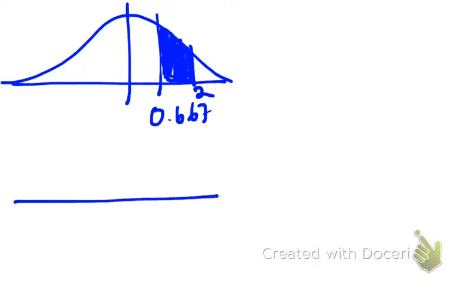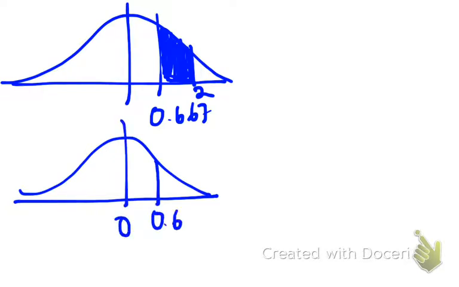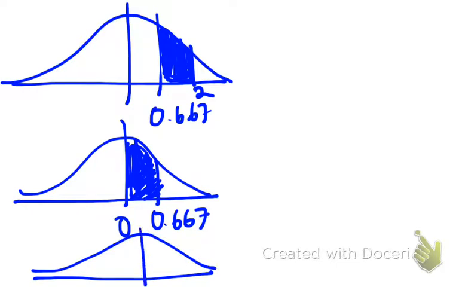Then on the tables we can find, from that mean of 0, the area between 0 and 0.667. We can also, from our table, find up to the value of 2, that total area up to there. And what we really want is the difference between those two.